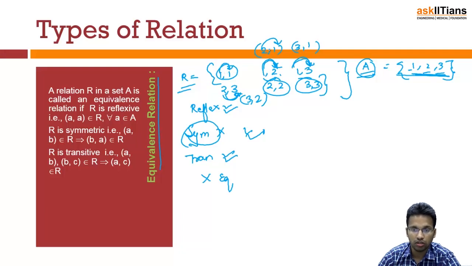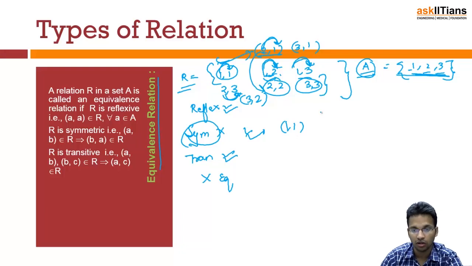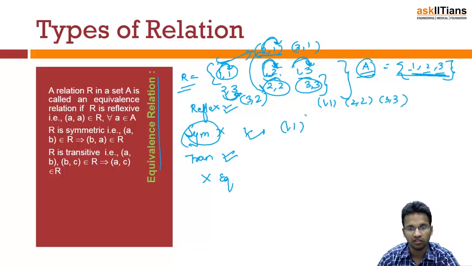This is again understood, 2 will again come related to 1, so we don't need to check for that. 2 is related to 1, 1 is related to 2, 2 is related to 2. That's how you are going to check, for each element you are going to make the pairs and see whether the third pair exists or not. So (1, 1), (2, 2) you can keep aside so that it becomes very easy to understand.